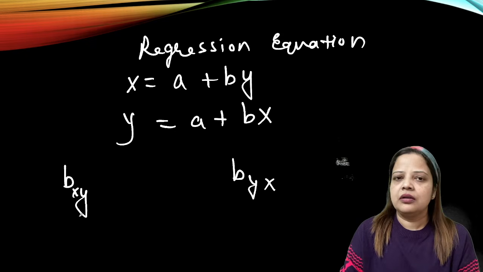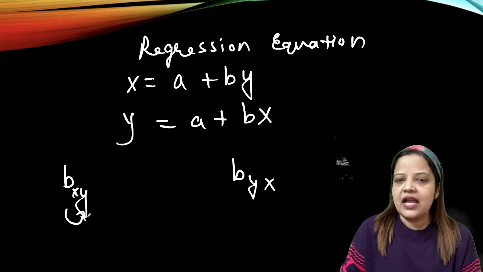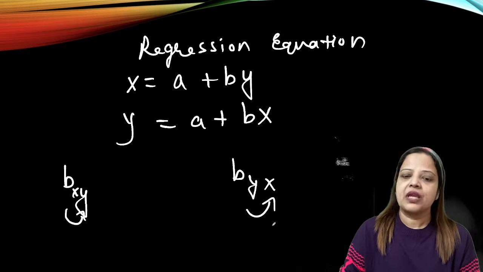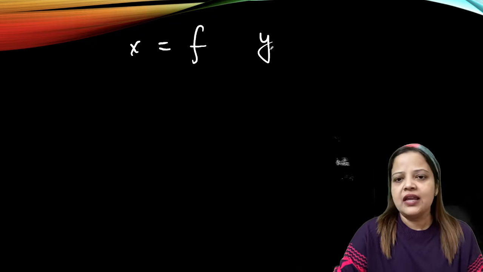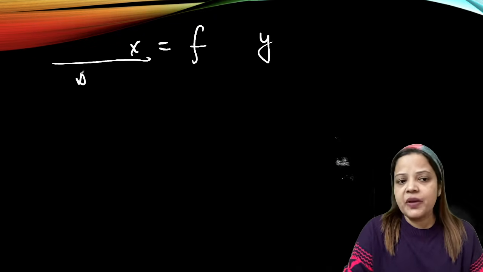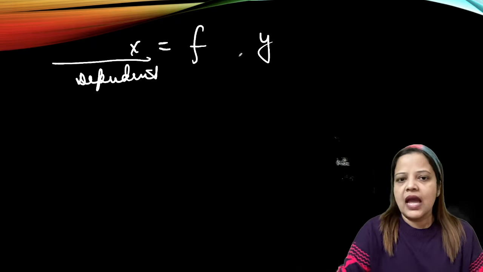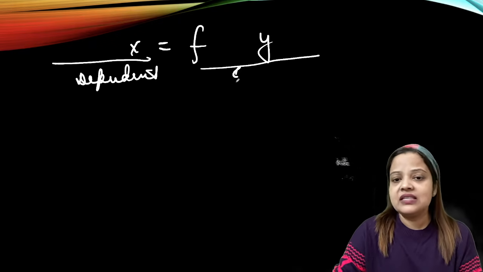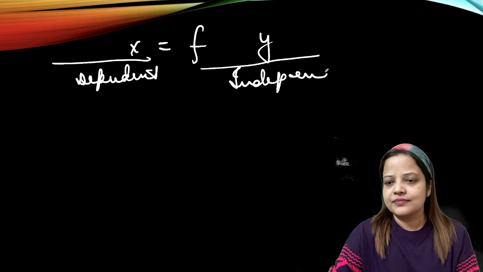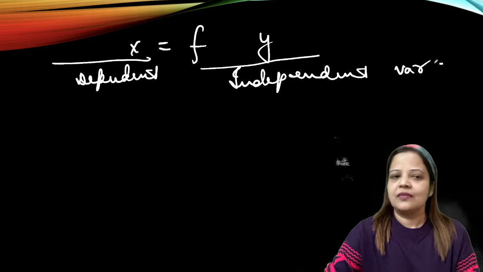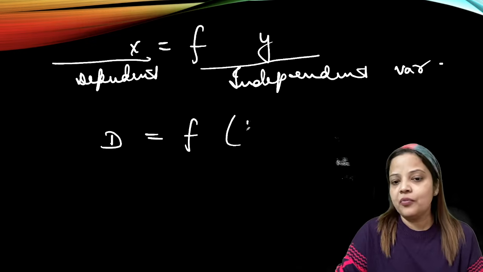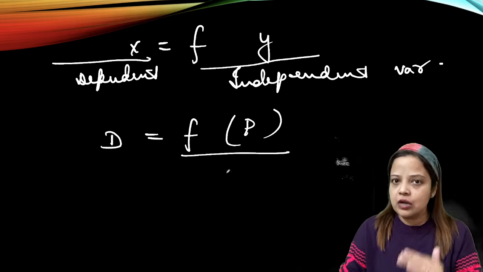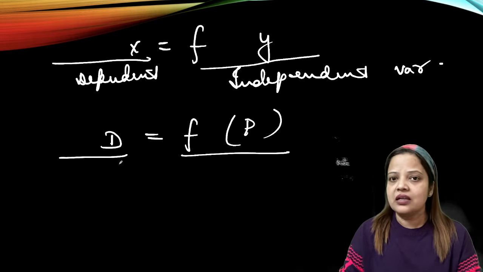We want to know the effect of x on y and the effect of y on x, because if we write x is a function of y, it means this variable is the dependent variable, and the right-hand side variable is the independent variable. In our example, demand is a function of price. It means price is the independent variable and demand is dependent on the variation of different prices in the market.